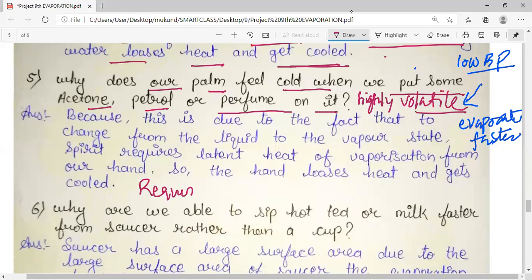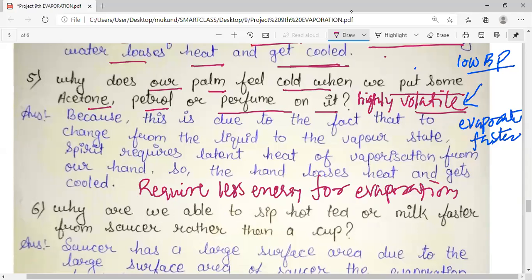As these substances require less energy for evaporation, they can be easily evaporated. So my dear students, when we put acetone, petrol or perfume on our skin, what happens? They take energy from the skin. When they take energy from the skin, we feel cool, and that is why our palm feels cold when we put some acetone, petrol or perfume on it.